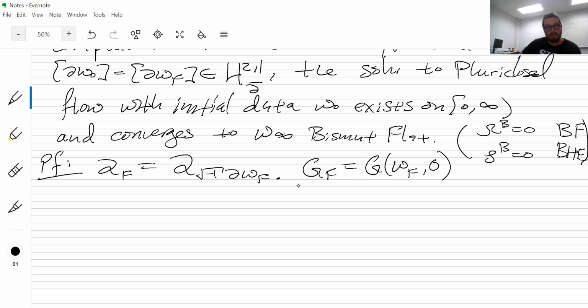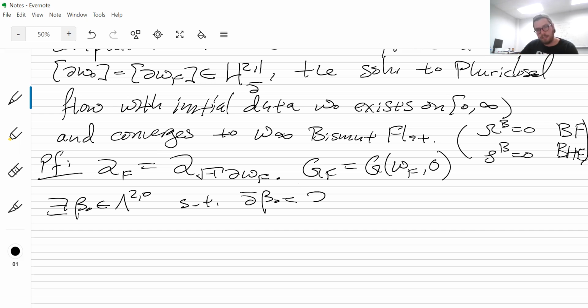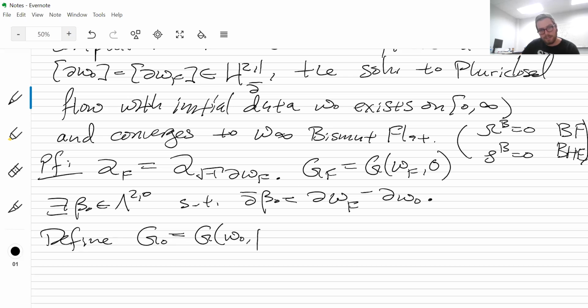Because of our condition on cohomology here, there has to be a beta naught in wedge 2,0 such that del bar beta naught is del omega f minus del omega 0. And then we can define G naught using this data.